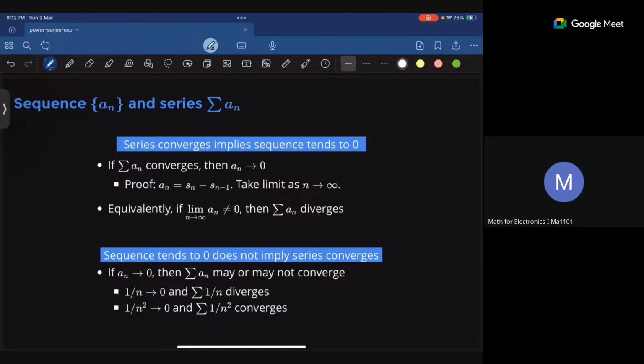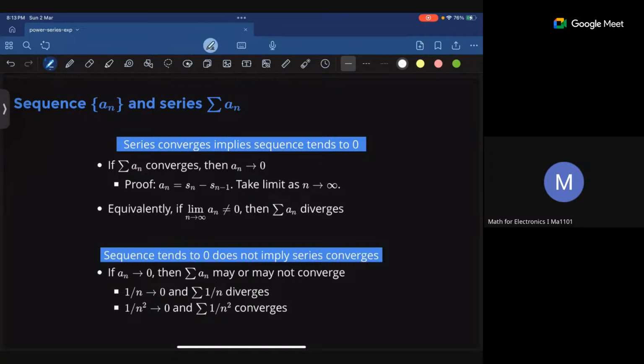And we talked about convergence and divergence of those series. And then we talked about comparison test, right? So using comparison test, we can also comment on convergence of some other series, comparing them with very well known series like geometric series or the harmonic series. Okay. And at last, we talked about the connection between the sequence and its generated series.